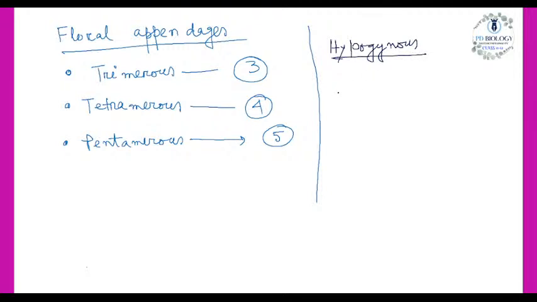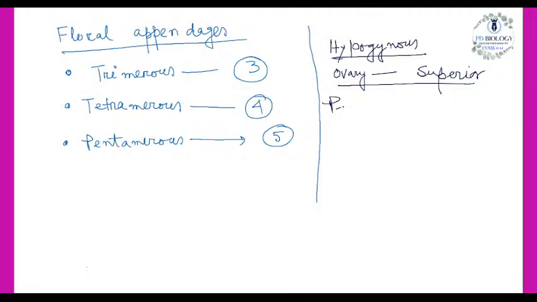In a hypogynous flower, the gynoecium occupies the highest position, and the other parts are situated below. That means here the ovary is superior. Ankita, the ovary is superior in hypogynous. Keep it in mind, that's very important.